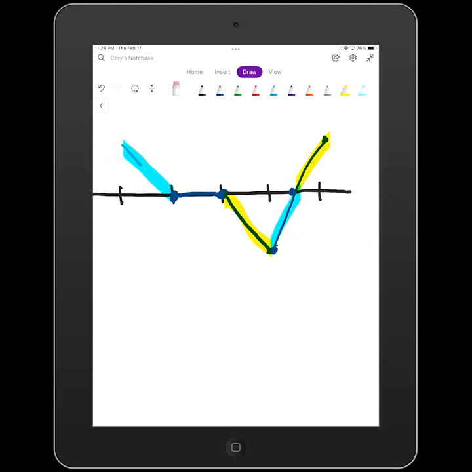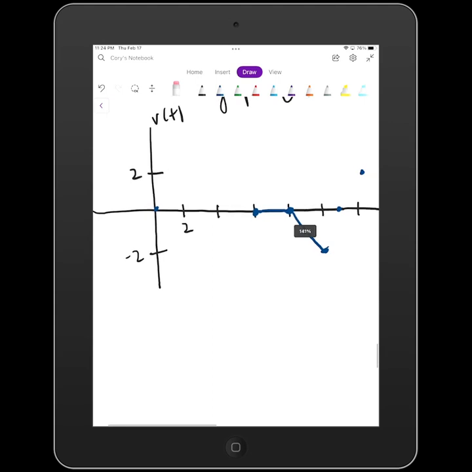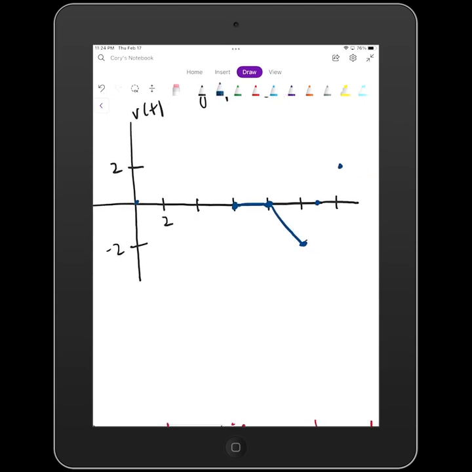So that's not what I wanted to have happen, but we'll fix it. So the graph of velocity was supposed to look like this. So there are 5 segments that make up that velocity graph. Okay, so this is segment number 1, segment number 2, segment number 3, segment number 4, and segment number 5.